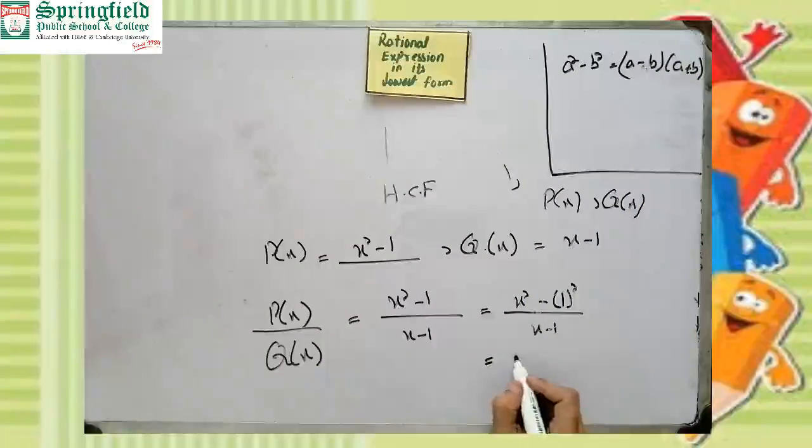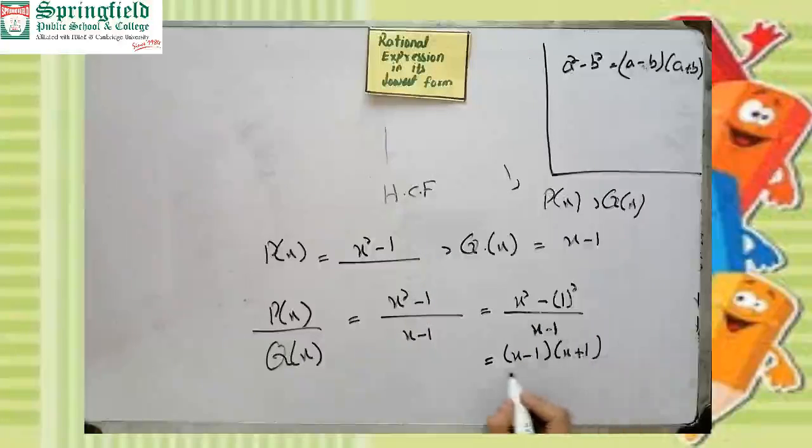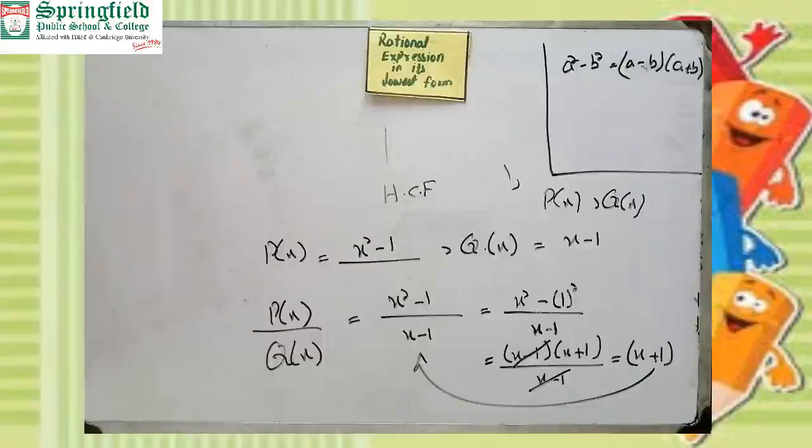Now open the formula. It will become x minus 1 and x plus 1 divided by x minus 1. So x minus 1 can be cancelled with the x minus 1. So just x plus 1 is obtained. So this is the lowest form of this expression.